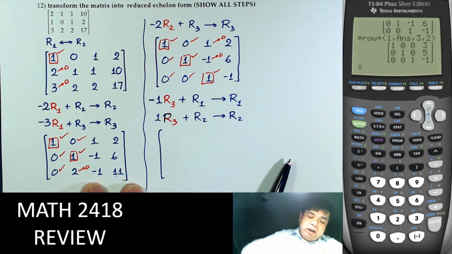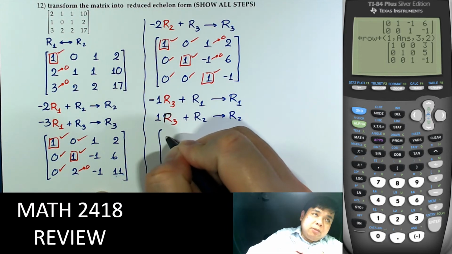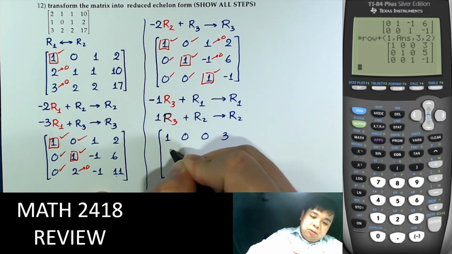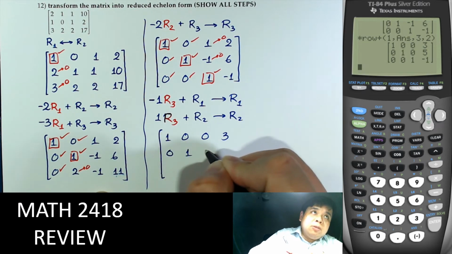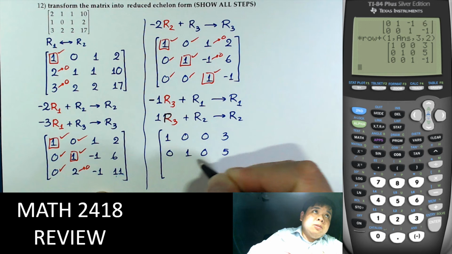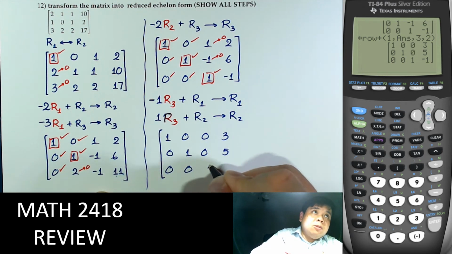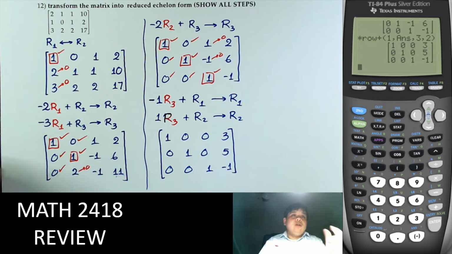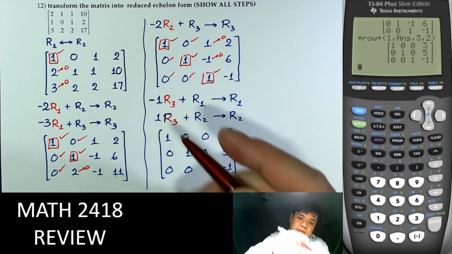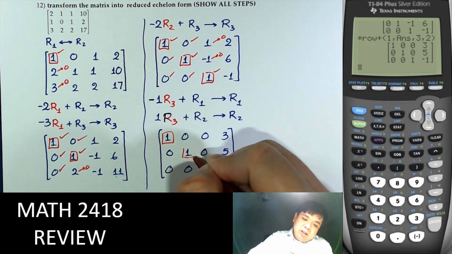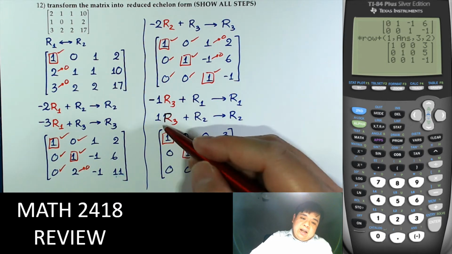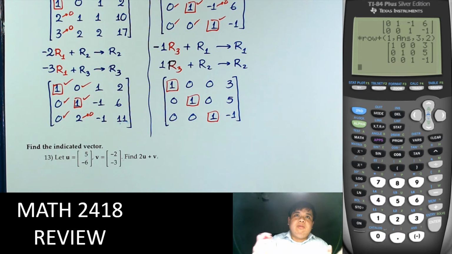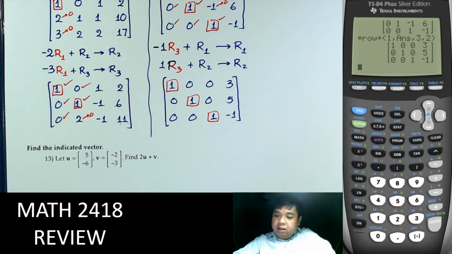So that's what we have. Right, so this is in the reduced row echelon form. We have the pivot, and the pivot is the only non-zero entry in that column. Right, so that's what we have.